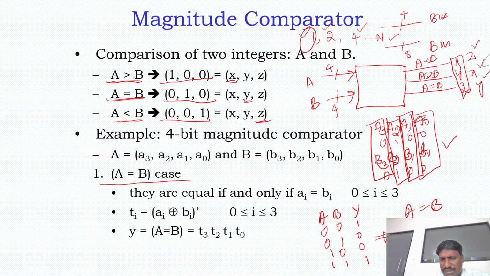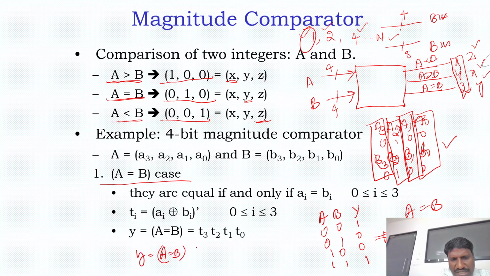Okay, so what exactly is that? I can say that A equal to B is possible for any number of bits. A equal to B is possible, which we are calling Y, provided T0 is 1, that is, if Ai and Bi are equal.